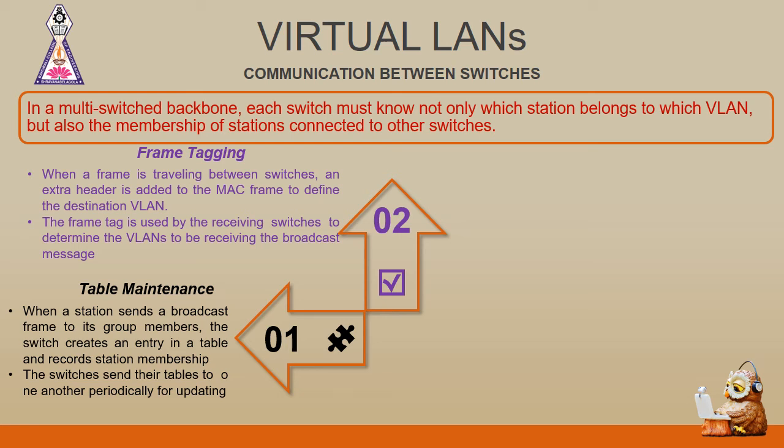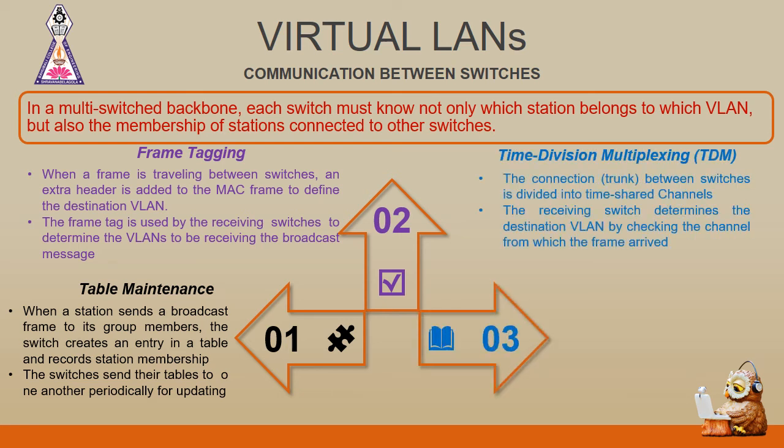So it becomes easier for a switch now to selectively forward the frame or the packet to the intended destination VLAN itself. At the same time, the frame tag is used by the receiving switches, which will determine which VLAN has to be receiving that particular broadcast message.